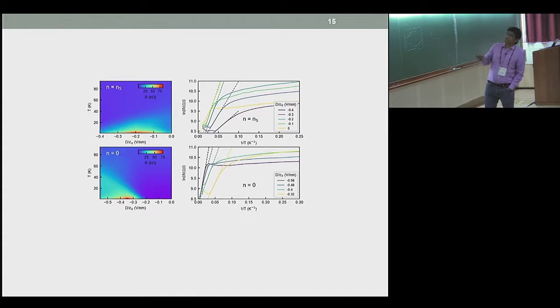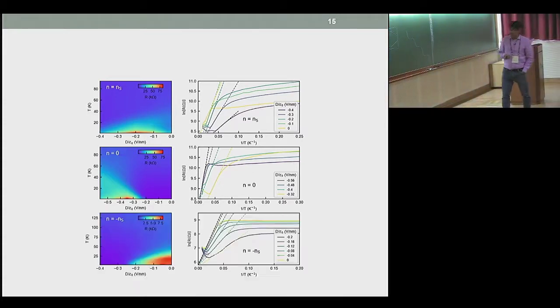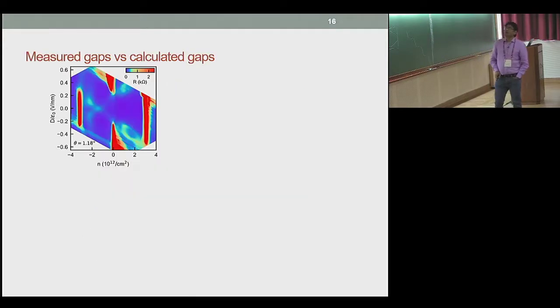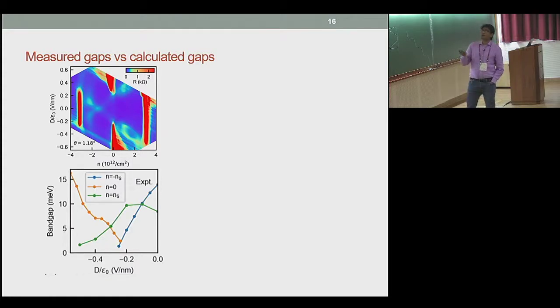So one can use this kind of activated measurement to extract various energy scales which are relevant in the system. And so this is the characteristic response of the system, and you can extract the band gaps. Now, to get to your question, as you increase the electric field, this is the gap. The orange one is the gap at the charge neutrality point.